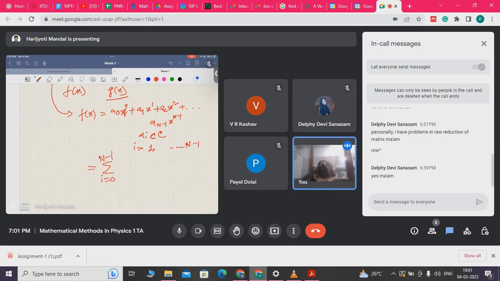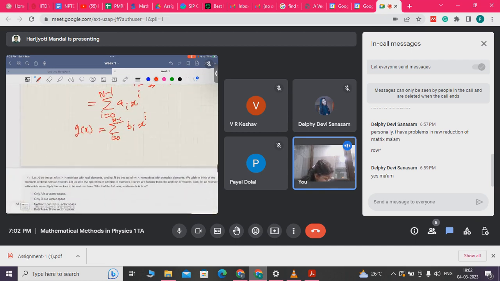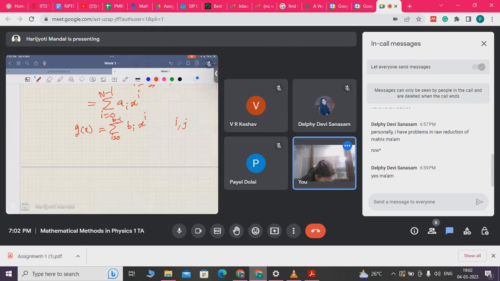It can be written as the sum for i equal to 0 to n minus 1 of ai x^i, and g(x) can be written as the sum for i equal to 0 to n minus 1 of bi x^i.